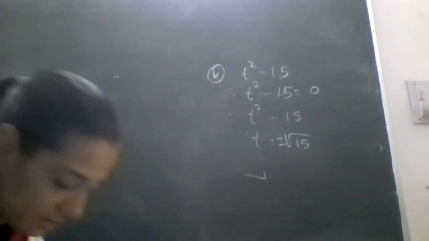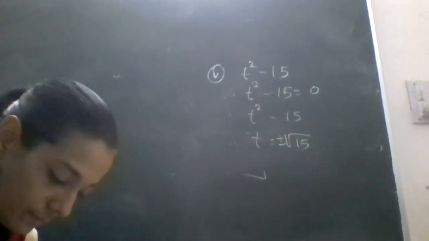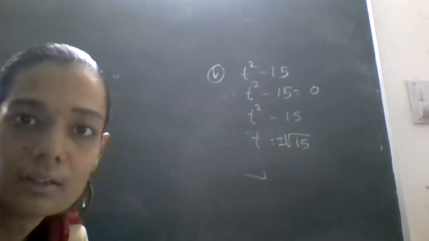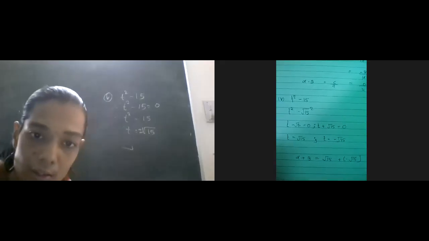Ma'am, what I have done is right? Wait a minute. That you have written now: t is equal to minus 15 or t is equal to plus 15. That would be your answer.